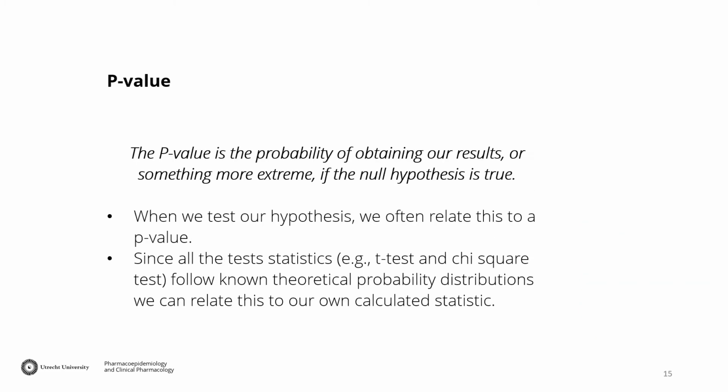So now we have gone through some of the simpler tests in hypothesis testing, the t-test and the chi-square test, which are often used under parametric assumptions, or when we assume a normal distribution and equal variance. But I did mention a lot of p-values in the different tests. The p-value is the probability of obtaining our results, or something more extreme, if the null hypothesis is true.